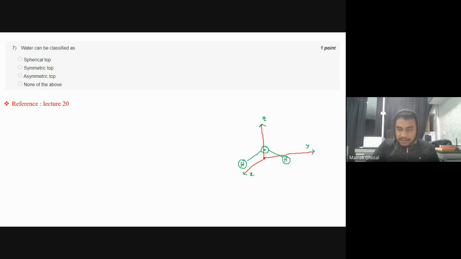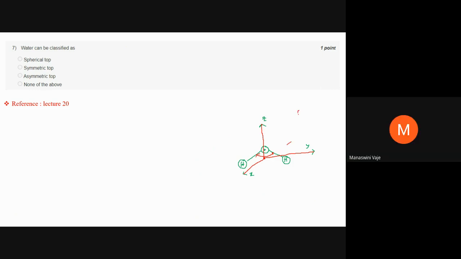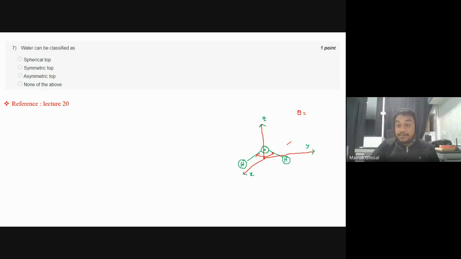So do you know what is the angle between these two bonds? 109. 109 happens for all the tetrahedral molecules. So you are correct, because the water molecule structure is generally this: oxygen, hydrogen.